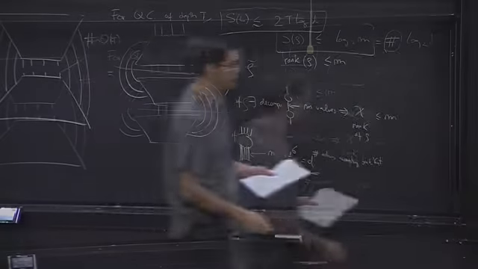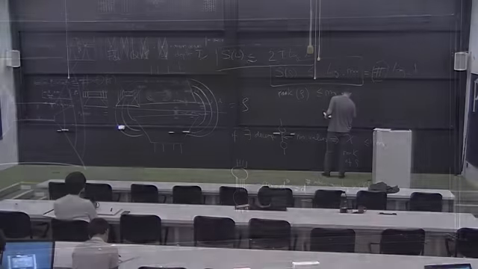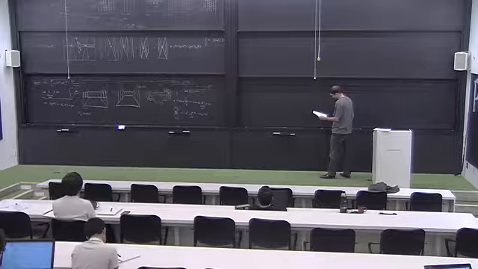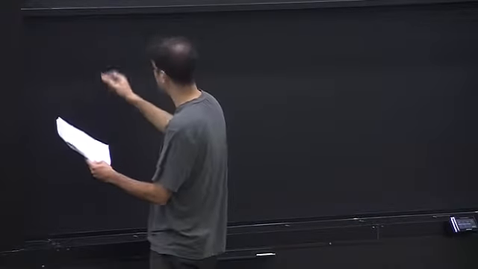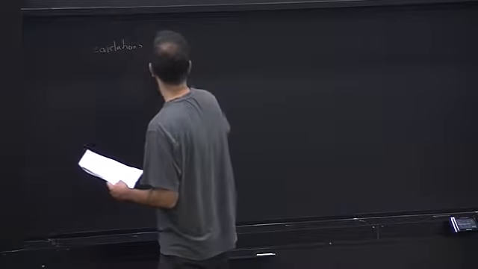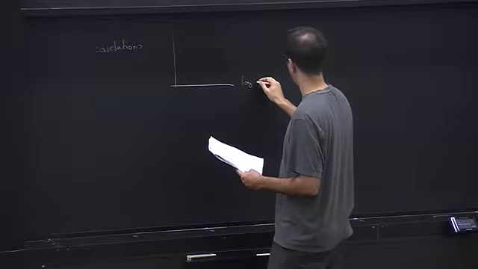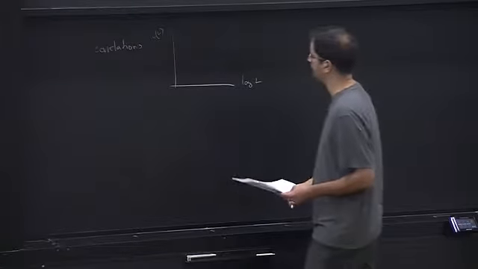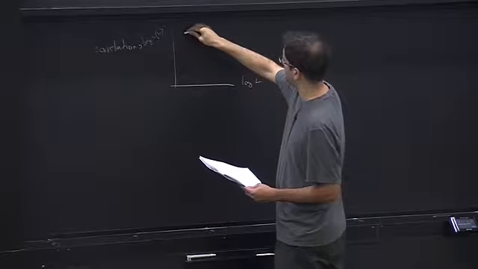Let me do that here. So the summary is that correlations look like this: let's plot log L versus the log of the correlator, as we did before.